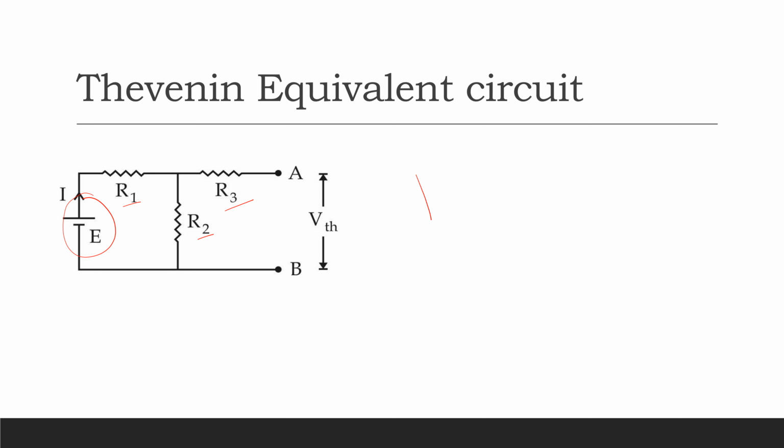So this is my equivalent circuit. This is my Rth and this is Vth. Vth is nothing but, if I open this terminal, the voltage across R2 resistor due to current flowing through R1 and R2.